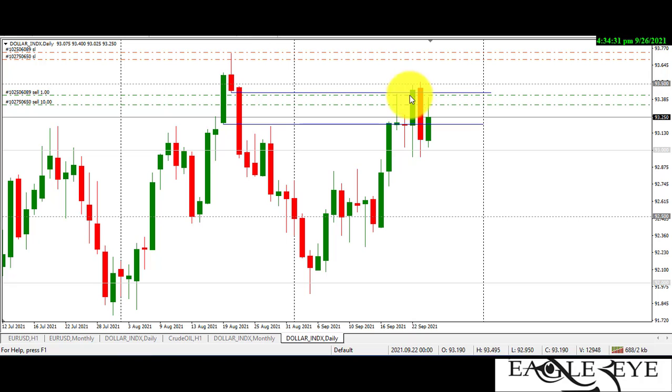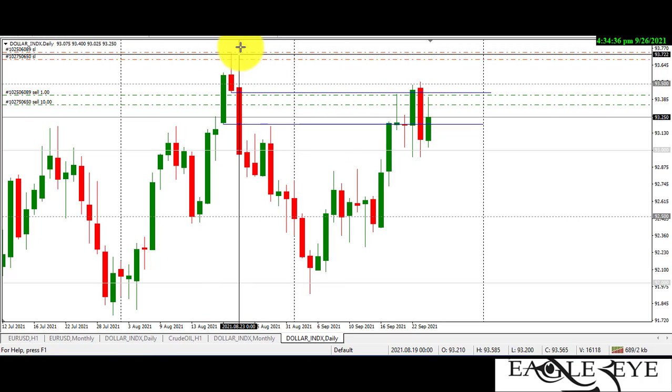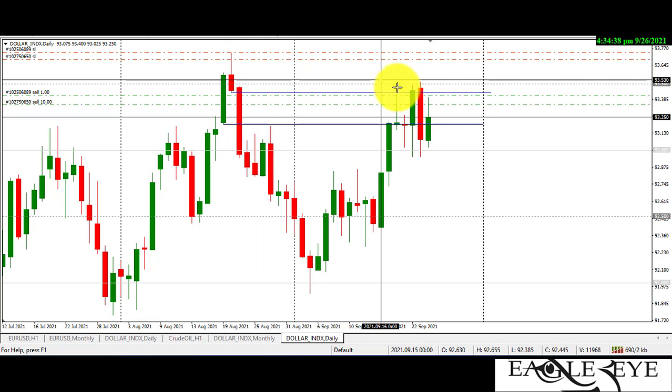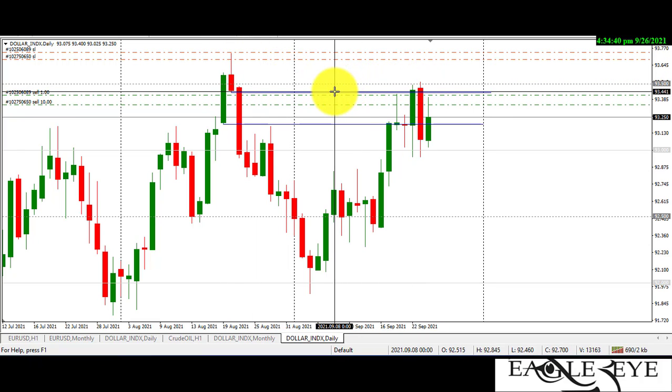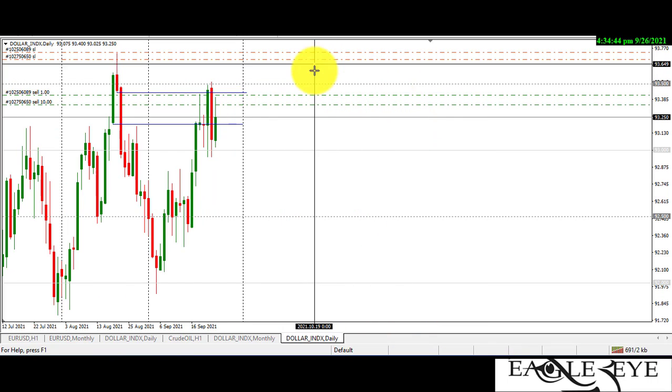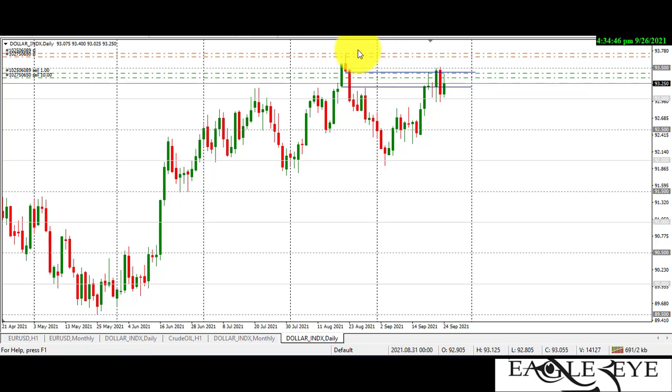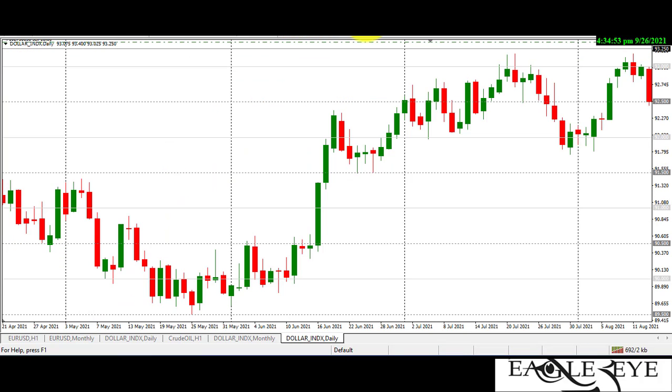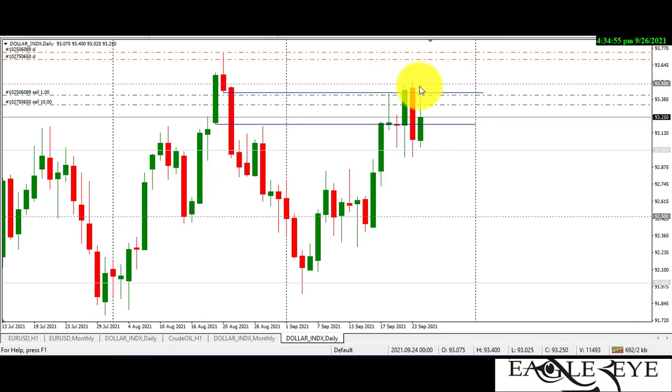As usual we were supposed to run these highs for some kind of FOMC high impact news release like that, where I was expecting that we would break out these highs based on how bullish the news was, but we couldn't.